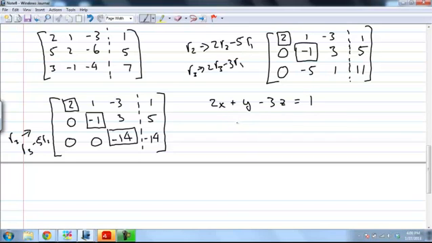My second equation, minus y plus 3z equal to 5. And my final equation, negative 14z equals negative 14. Also notice again that the A matrix that formed the left-hand side of the augmented matrix is now in the upper triangular form.